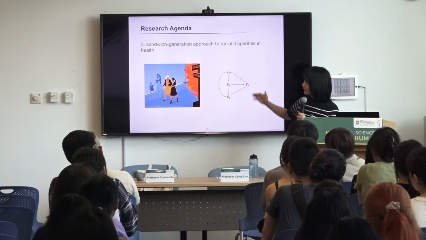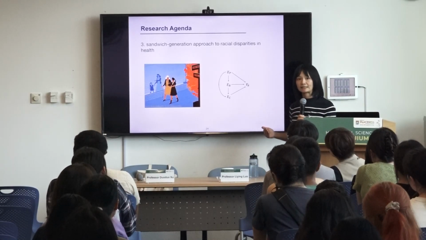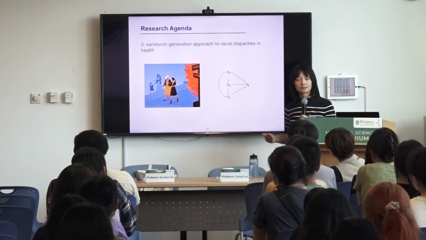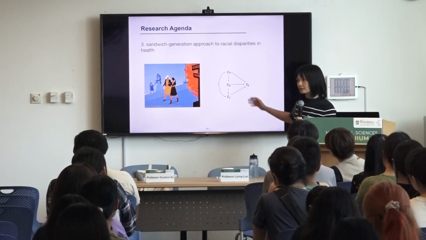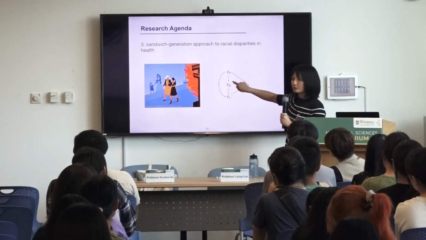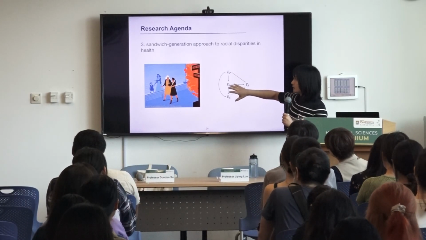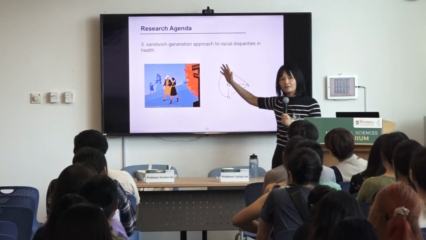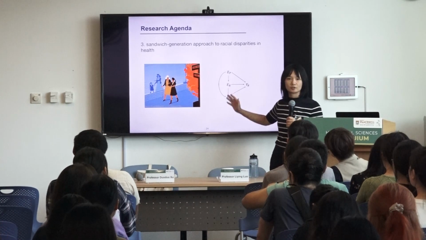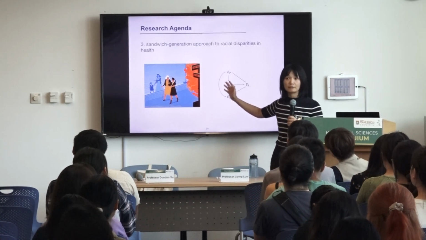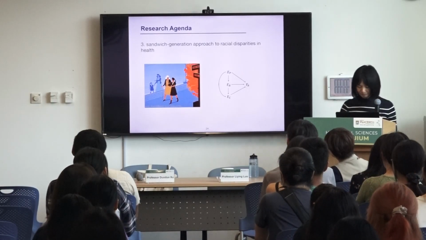So I believe that the sandwich generation approach will be informative for understanding how health disparities among race and ethnicity groups are generated, because usually we only focus on the respondents' race and ethnicity, but I believe things are not happening in a vacuum. You are living in a multi-generational context, and how adjacent generations influence your own health can be a very interesting topic.